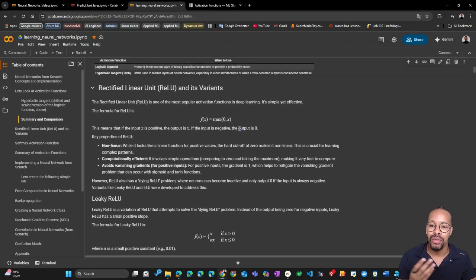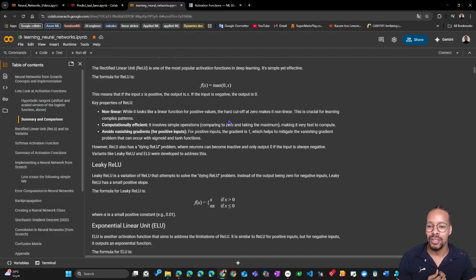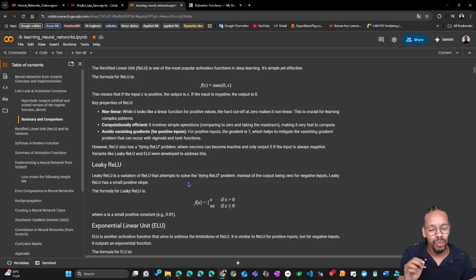And let's look at the rectified linear unit. Quite easy. f of x is the maximum of 0 and x, where x is the output from the neuron. As you can see, this is really good, but again, we have the dying gradient problem. To fix this, we can introduce an alpha, which is supposed to solve the dying rectified linear unit problem.